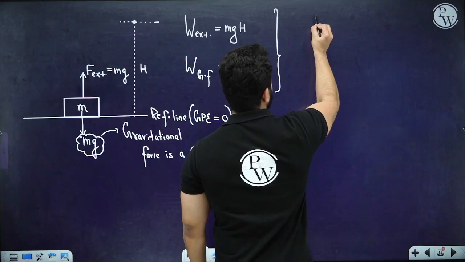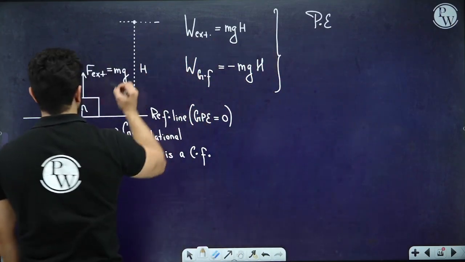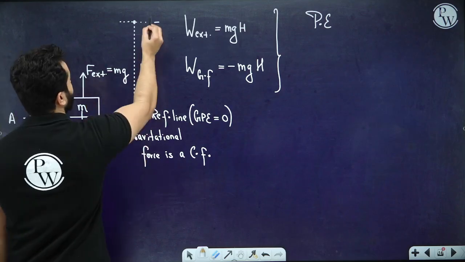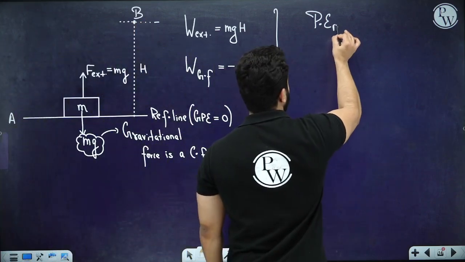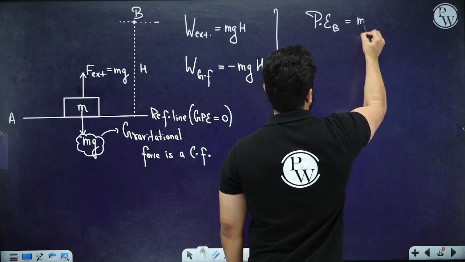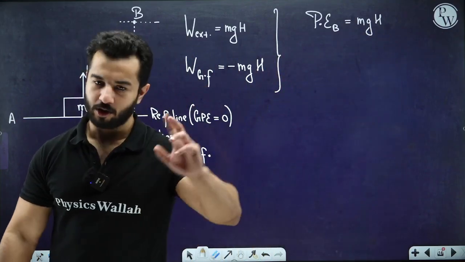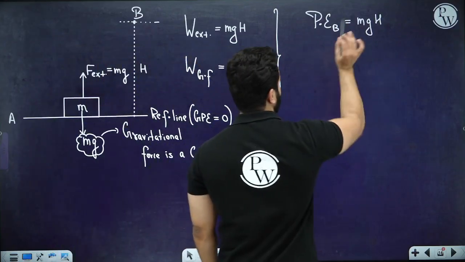So the potential energy at this point, let's say I'm calling this point as point A, and I've not used point B, so I'm going to take this as point B. So the potential energy at point B will be mgh, right? That's it. We are going to also write one more formula for potential energy. So potential energy is mgh.